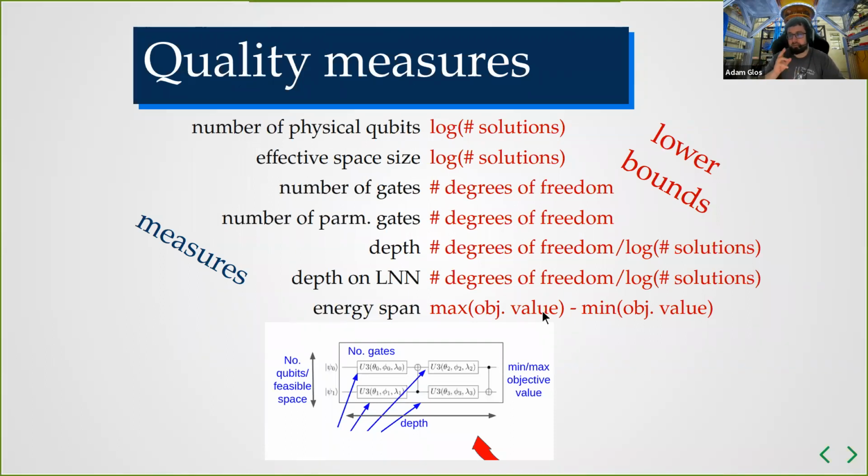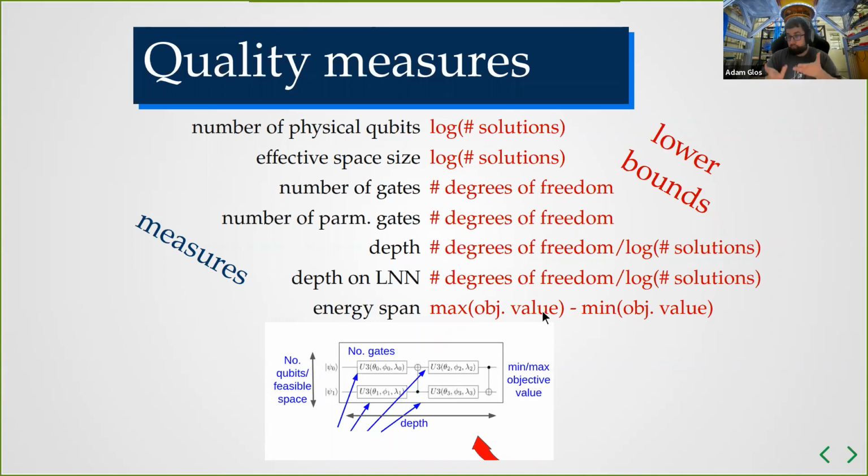This means that we need the log of this number, which is n log k qubits at least. A similar argument holds for effective space size. For the number of gates, we assume that there should be as many gates as there are degrees of freedom. For example, for max K-cut, we have n squared edges, where the presence or absence of each edge is our degree of freedom.